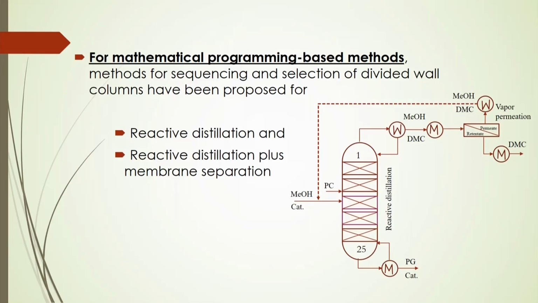After reactive distillation it will be separated as methanol and DMC, with PG and catalyst as the bottom product, and then it will be separated by the membrane to get methanol and DMC, and by vapor permeation you can separate DMC from methanol.